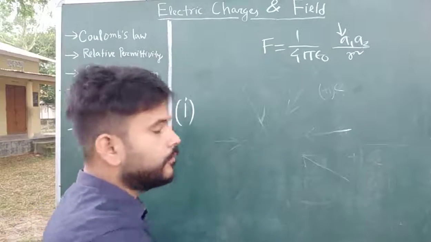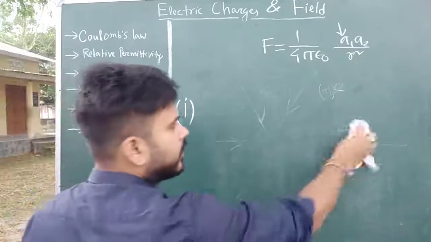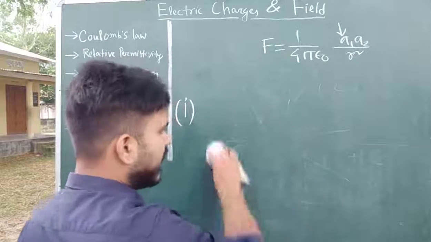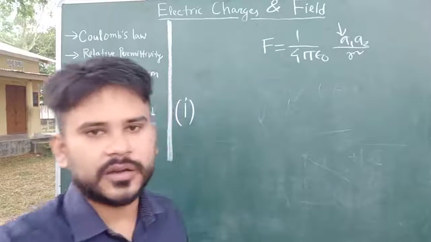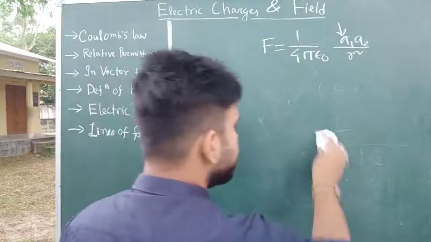Now we will draw lines of force for a plus q and minus q system, just like for a proton and electron system.